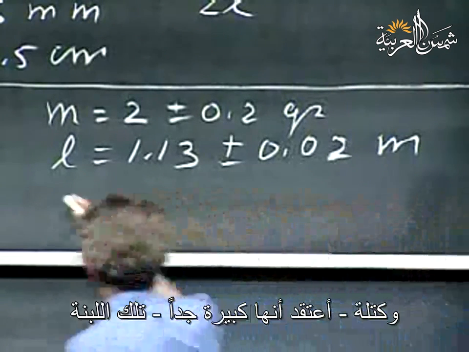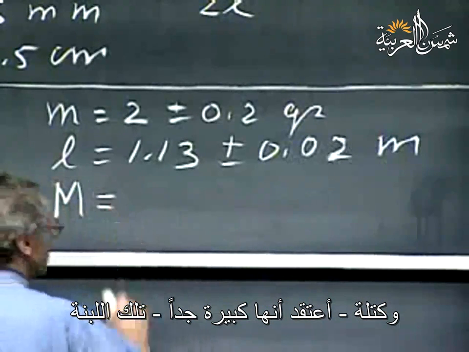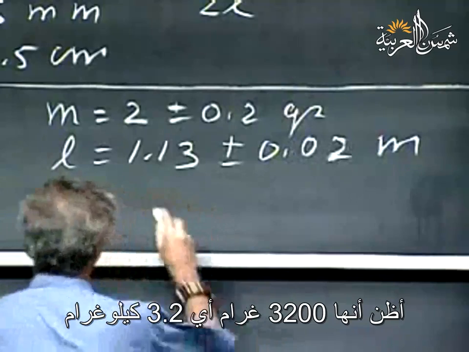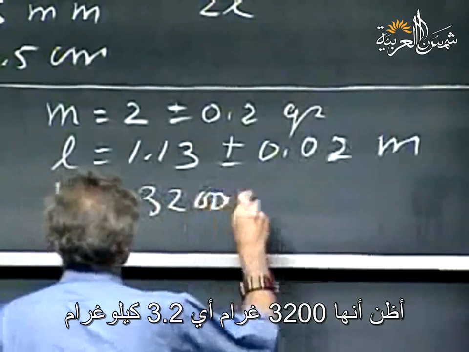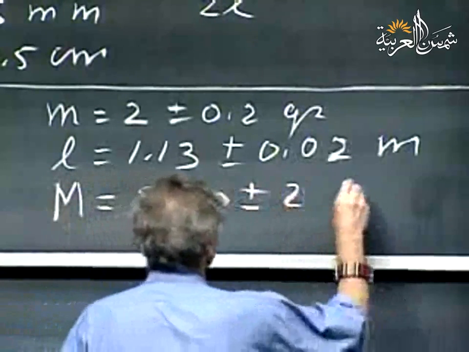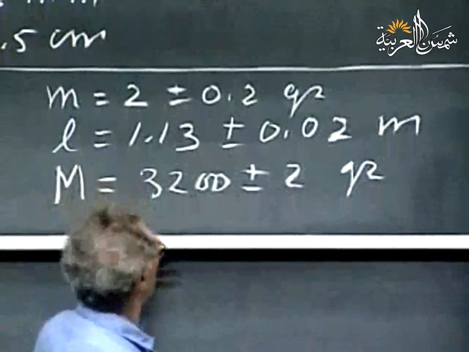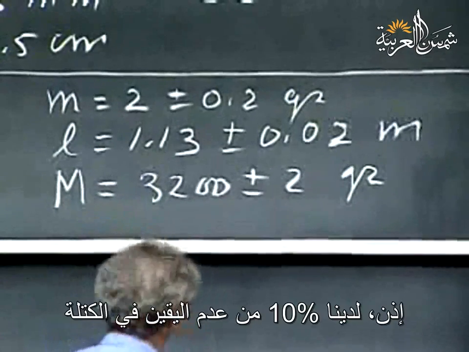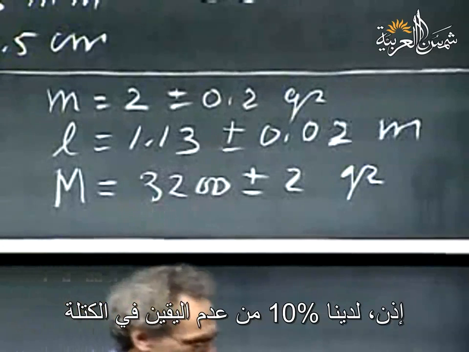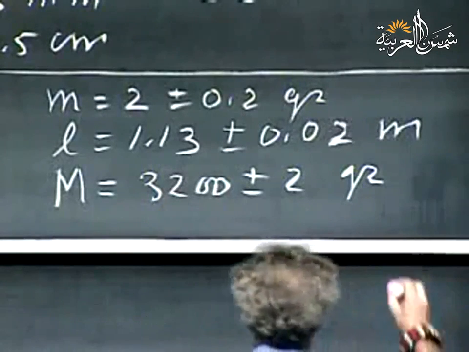And the mass of that block, which is huge, I believe is 3,200 grams, 3.2 kilograms, with an uncertainty of about 2 grams. So we have a 10% uncertainty in the mass of the bullet.